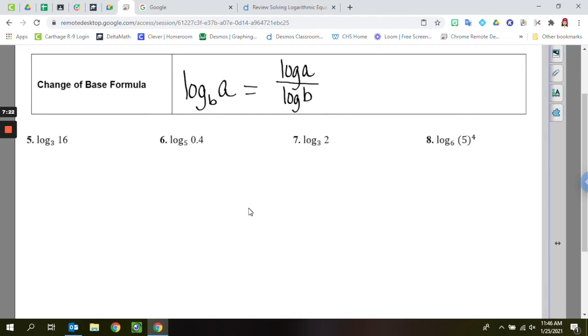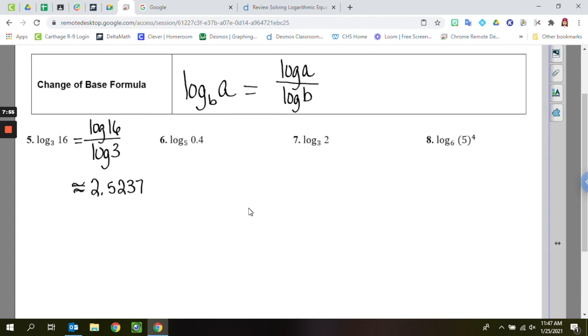So, this one, log of 16 over log of 3. So approximately 2.5237.